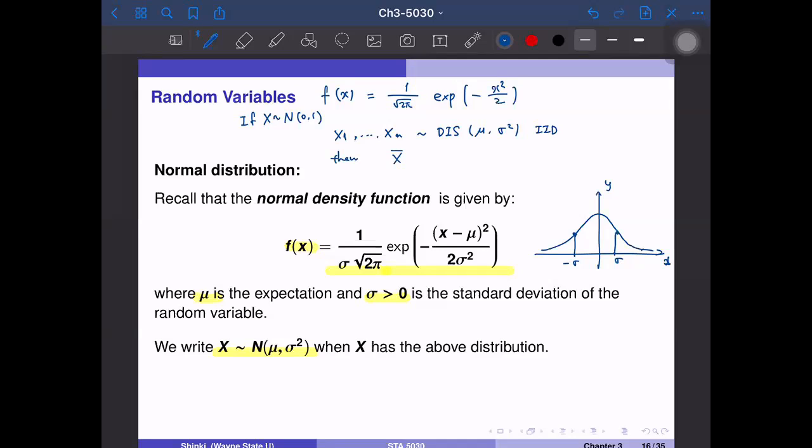To be exact, X bar minus mu divided by sigma over square root of n approaches normal(0, 1), regardless of the distribution of Xi. So this is the so-called central limit theorem, and this theorem guarantees that many distributions are distributed as normal.